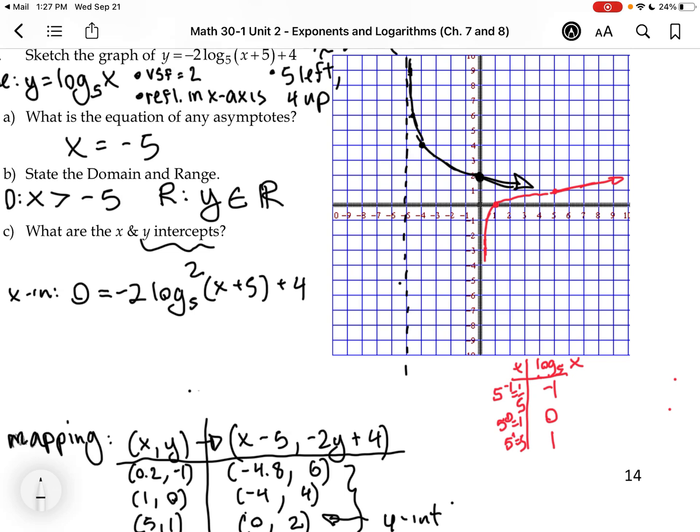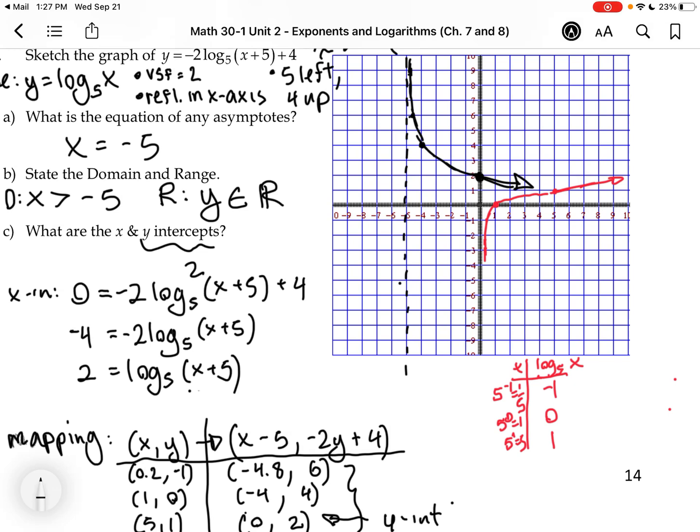So I'm going to start by subtracting 4 from both sides. Okay, and then I'll divide by negative 2, so I get negative 4 over negative 2 is 2 equals log base 5 of x plus 5. And now I can switch into exponential form.